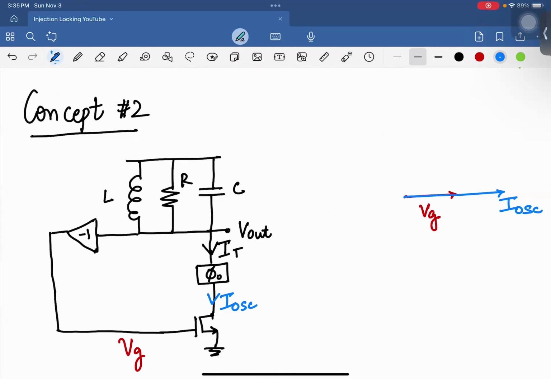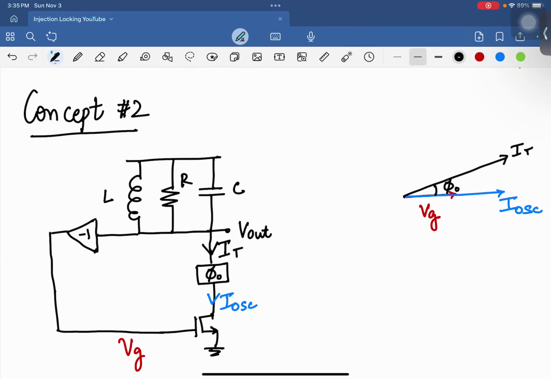I oscillation is GM VGS, which is VG in this case, and GM doesn't have any phase term, right? Okay, and then we said there is some phase shift now between I oscillation and IT, right? So that means IT has some phase shift, and this phase shift is the phi naught that we introduced there.